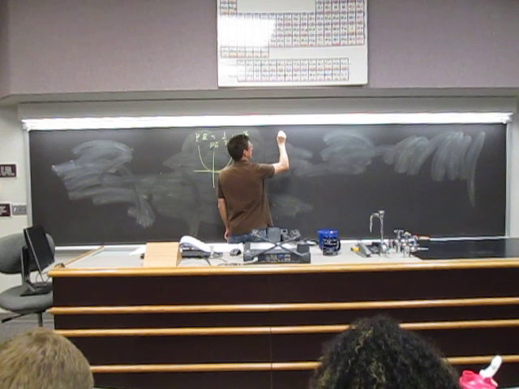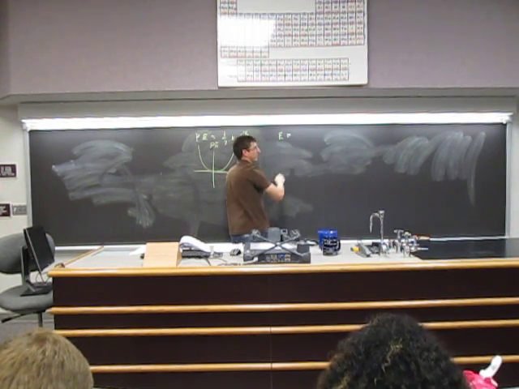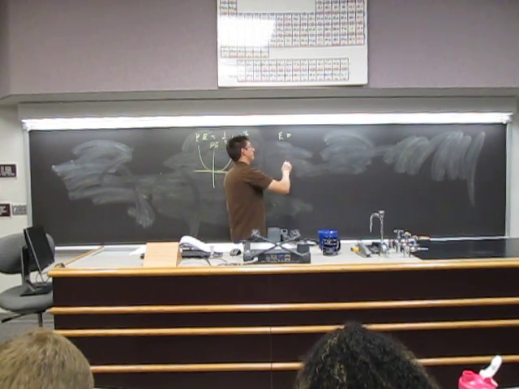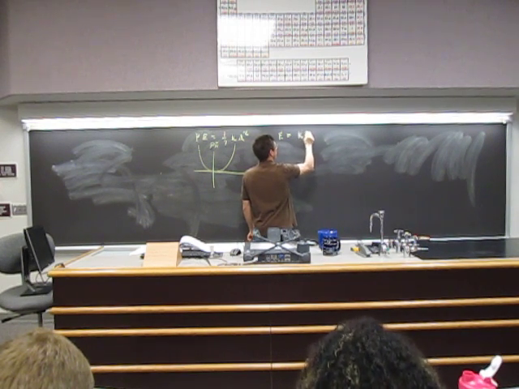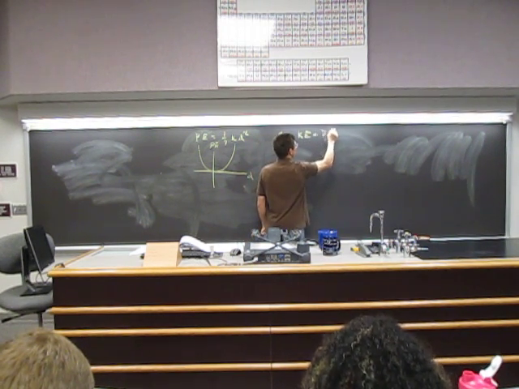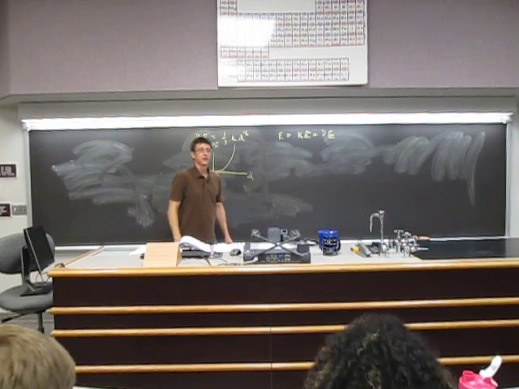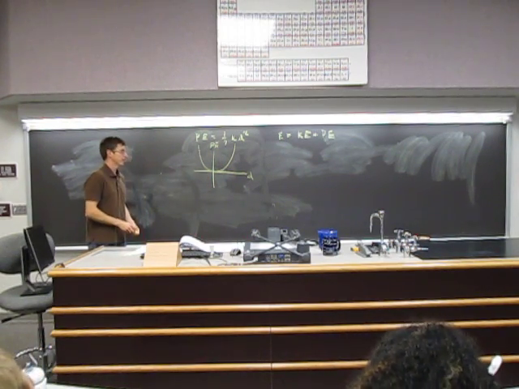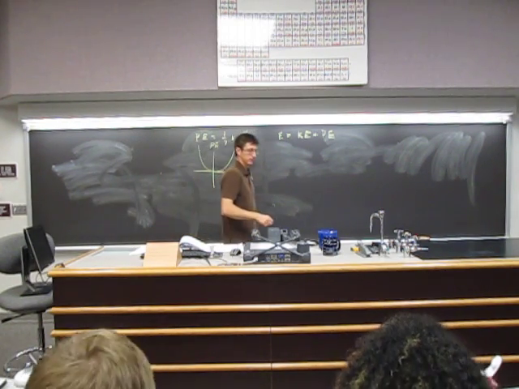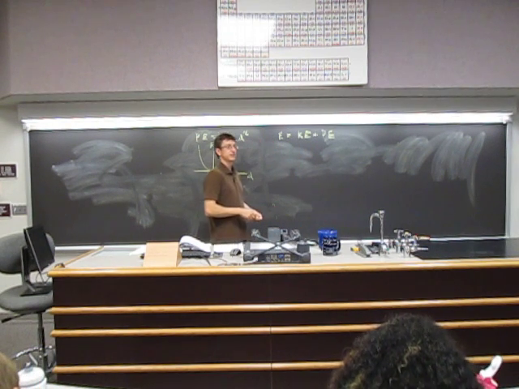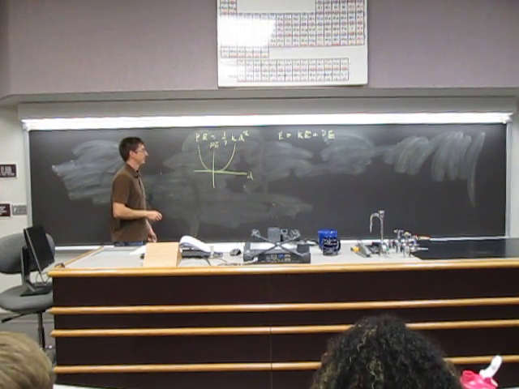We know that the total energy of a mass on a spring is equal to the kinetic energy plus the potential energy, and that is a constant, because this is a conservative force.